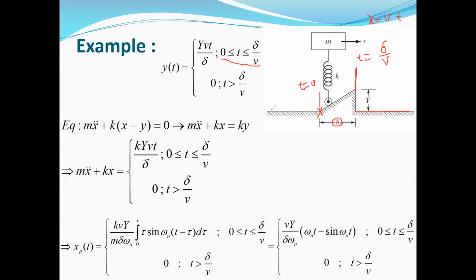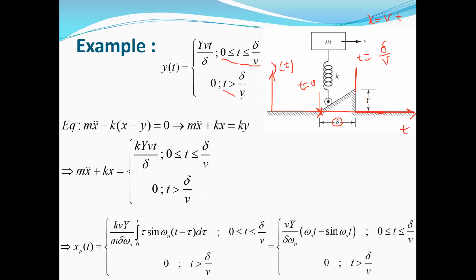So if you assume that this is the axis of y and this is the axis of t, of course the vertical axis must be located here. I write it here because it's not clear. So y(t) as a function of time starts from here and increases with time until you reach this point, t equals delta over v, and after that again you can see that y(t) is 0.